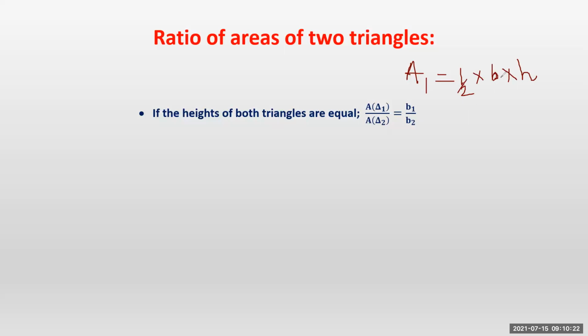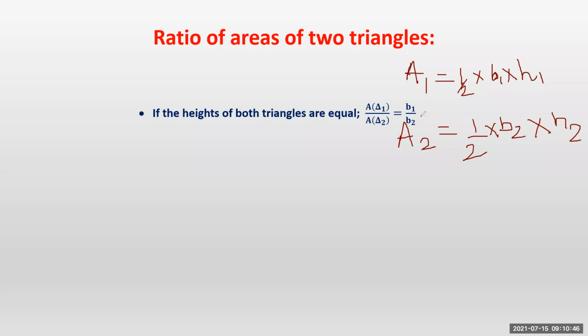Now, if you're talking regarding the two triangles, taking the first triangle as A1, we'll take base as B1, height as H1. For triangle A2, we'll assume base as B2 and height as H2. Understand? Half base into height is the formula.